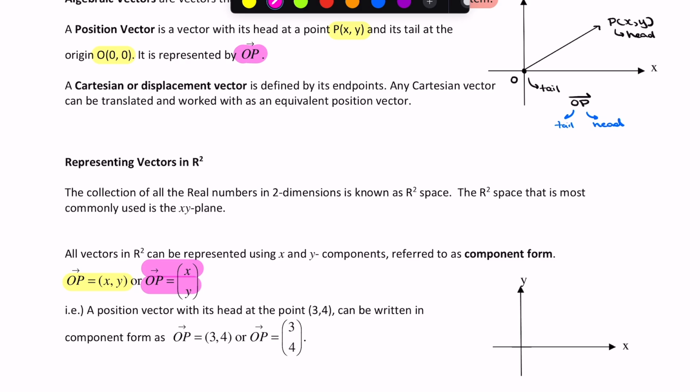A position vector with its head at point (3, 4) can be written in component form as vector OP equals (3, 4).